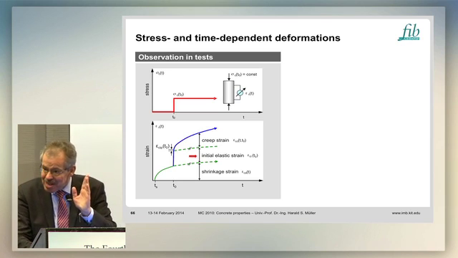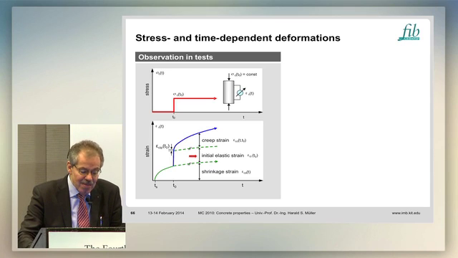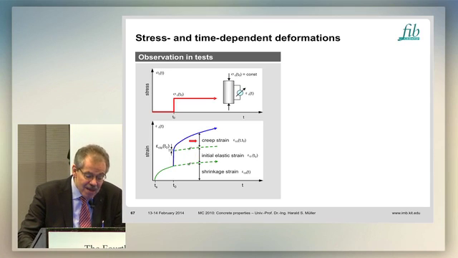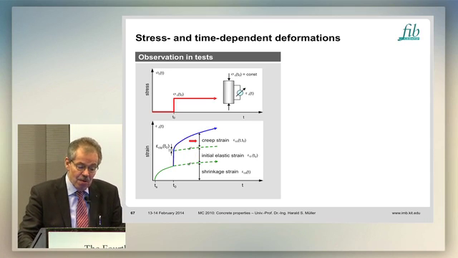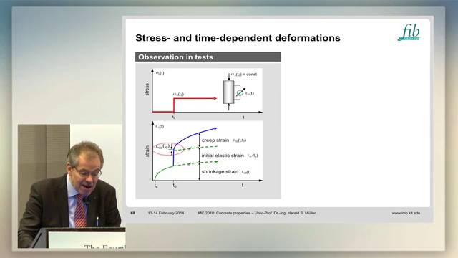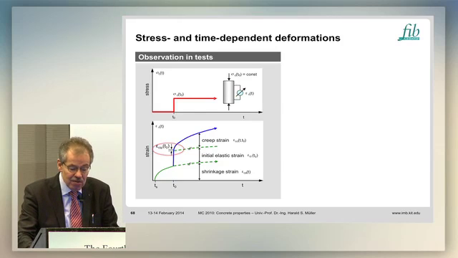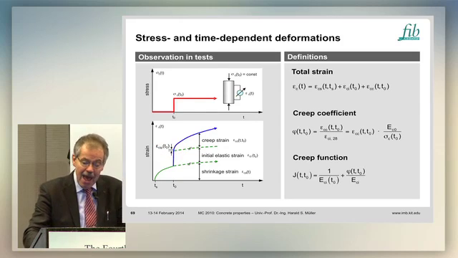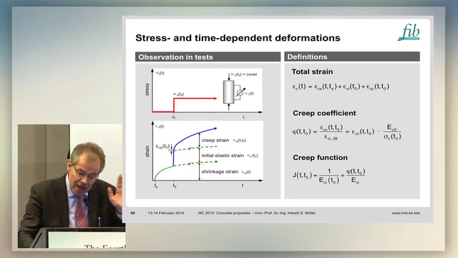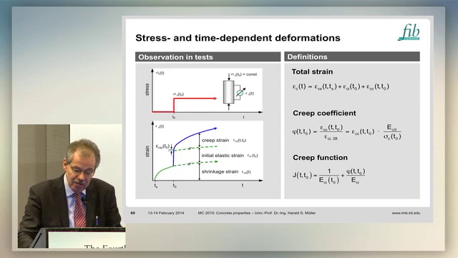These are major assumptions. And then we can define the additional strain by time, which is the creep strain. And I also indicate here the initial plastic strain is included into creep. And by applying this, we have now the total strain subdivided in shrinkage, initial elastic, and creep.